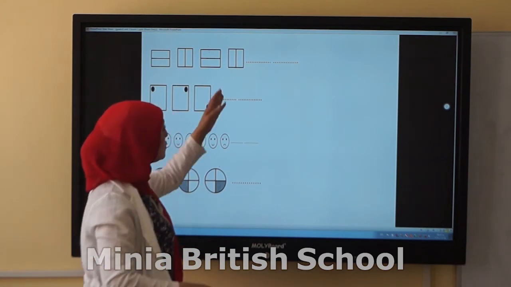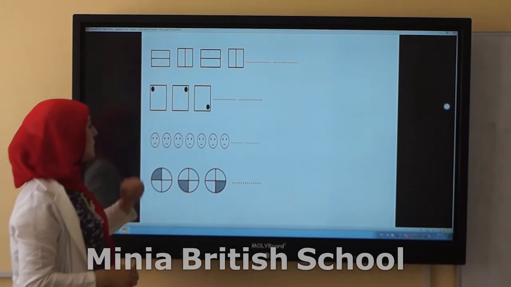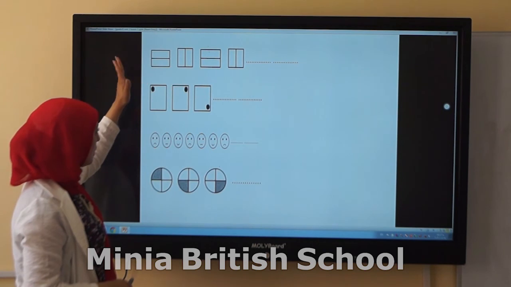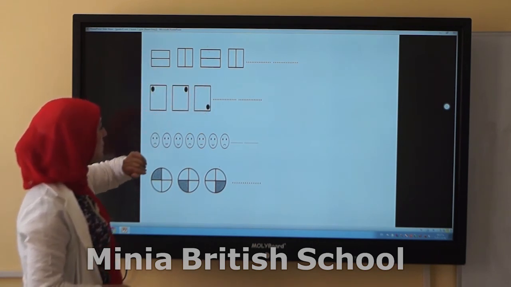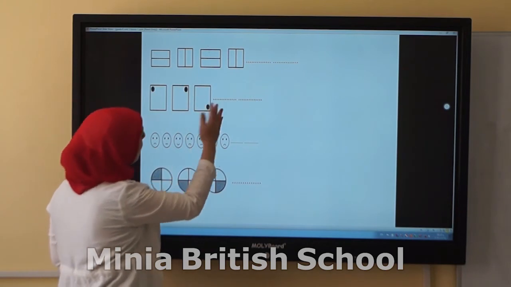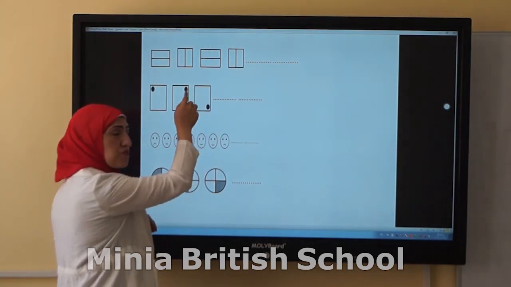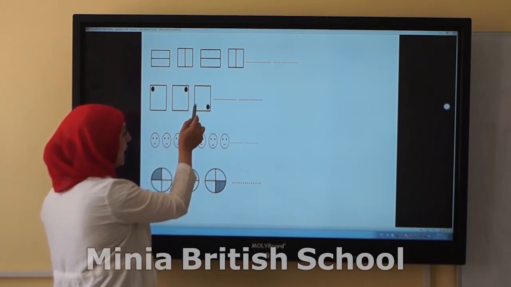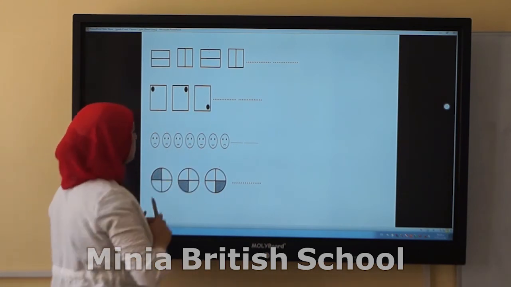Then to complete, you will complete the next figure. Here, also a rectangle with a dot up on the left, then up on the right, then down on the right. So the next one will be also a rectangle with a dot down on the left. Then we will repeat it again.